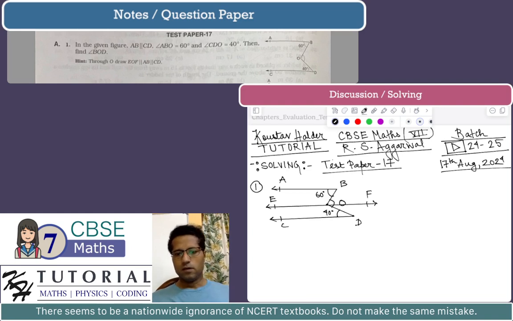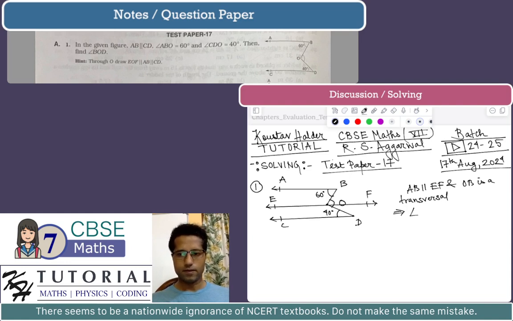So now we have AB is parallel to EF, and OB is a transversal. So this implies the alternate interior angles will be equal.